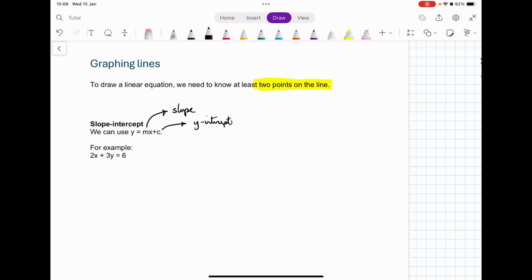If we rearrange this to look like this, minus 2x plus 6, and then divide everything by 3, plus 2. We know that minus 2/3 is the slope. This is the slope, and the plus 2 is the c part, which is the y-intercept.